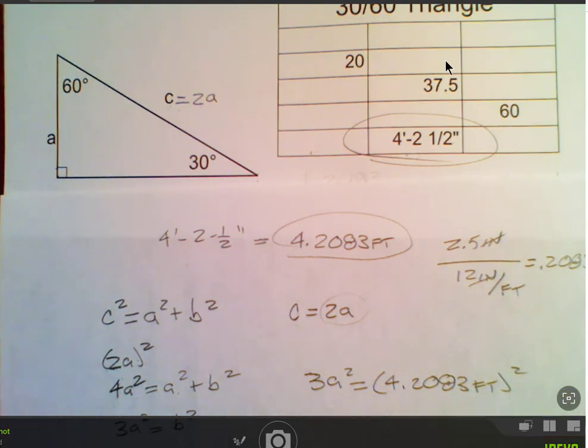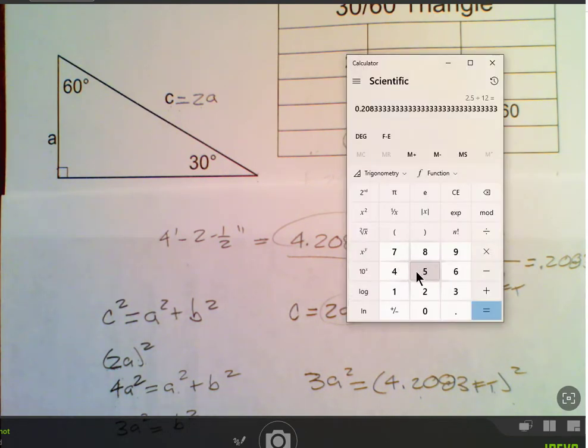So we're solving for A here. In order to do that, we're going to have to square this value. And again, you're putting it in parentheses to recognize that that number gets squared and then the units get squared as well. So I'll bring back my calculator and I'll put in 4.2083 squared, which is right there.